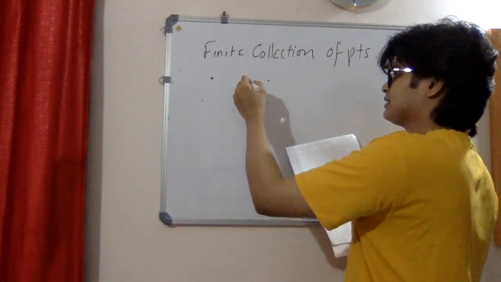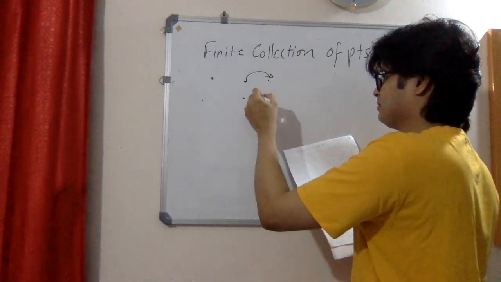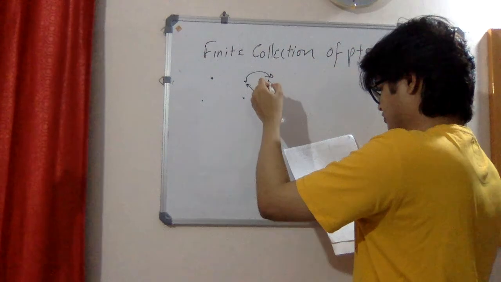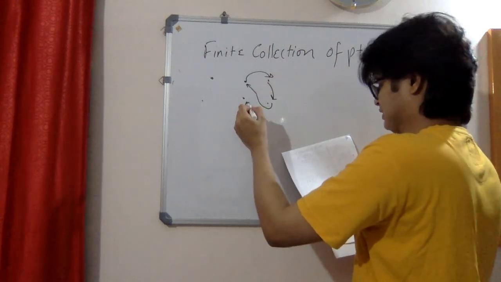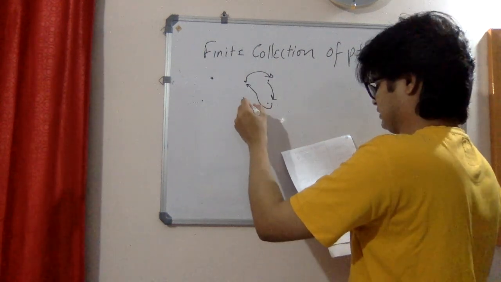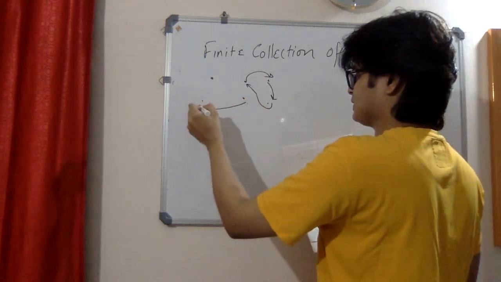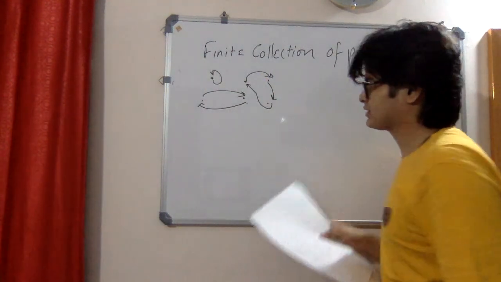Now, say this point maps to this point, this one maps to this, and this goes here, and this goes here itself, and this maps to itself.